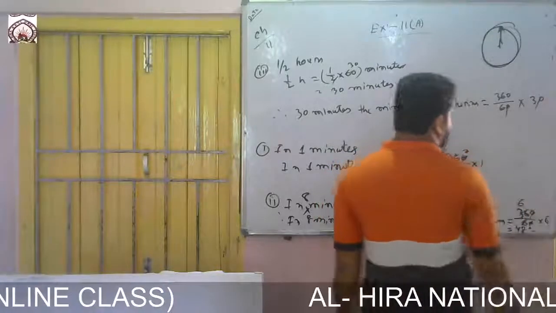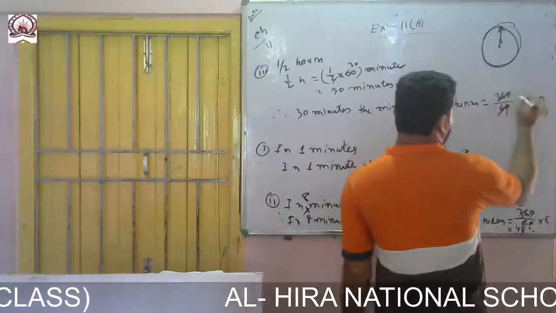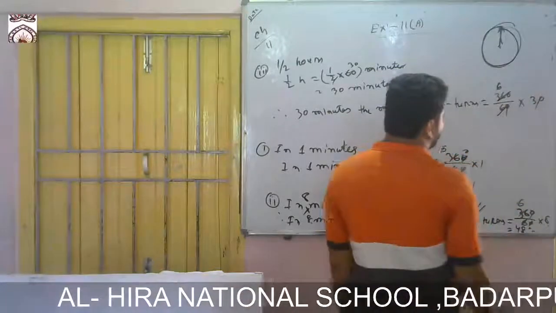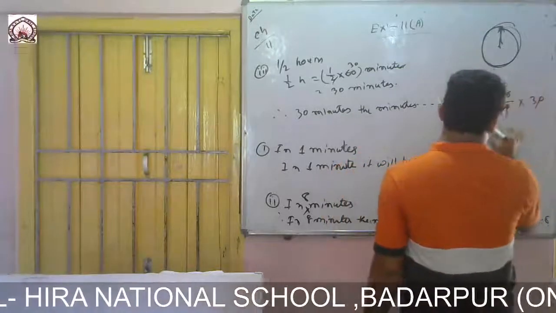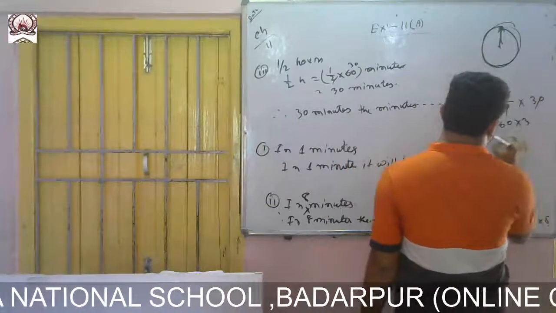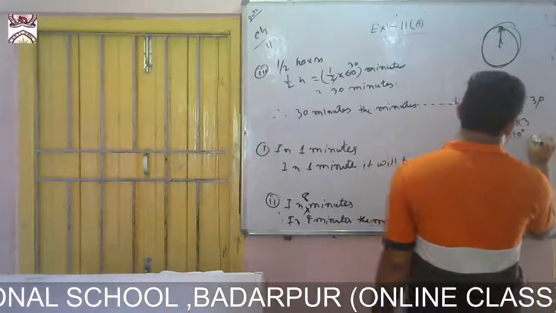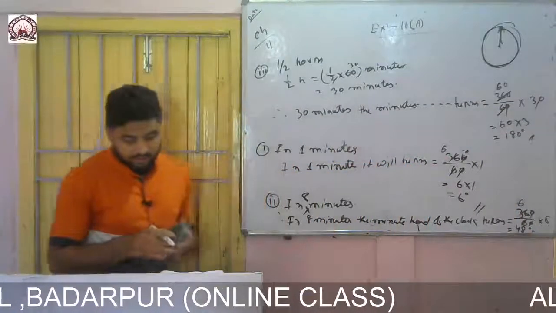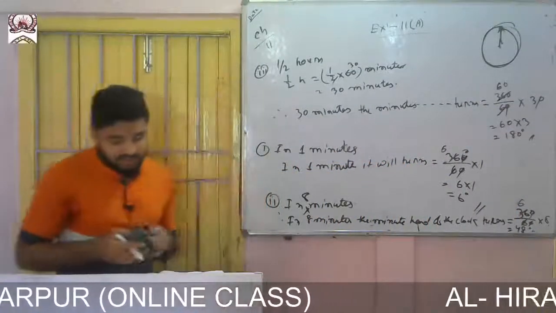This 0 cancel. 6 6s are 36. So remain 0. So 60 into 3, 180 degree. It will turn 180 degree.